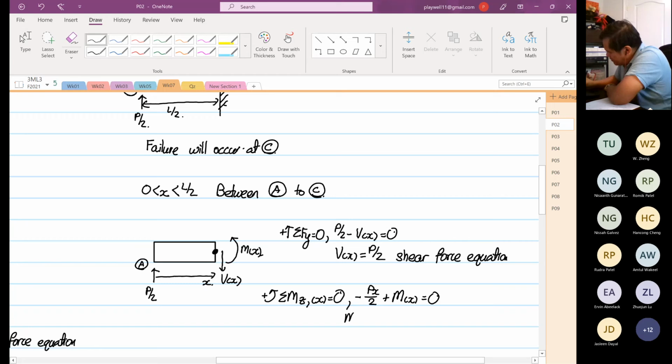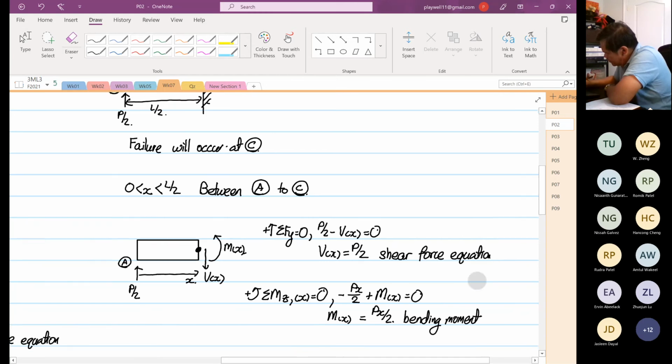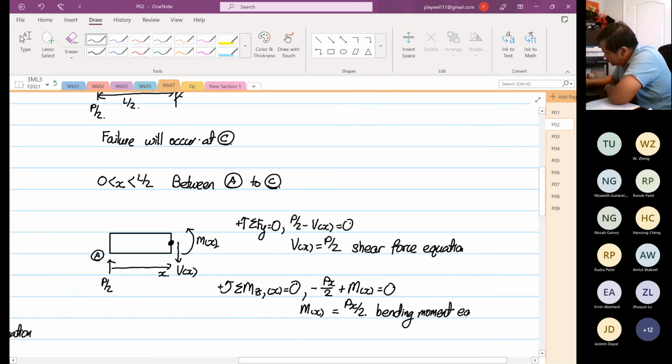So M as a function of x is equal to Px over 2. So this is our bending moment equation.